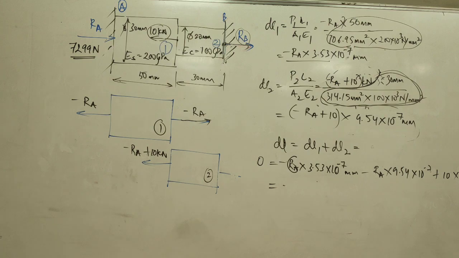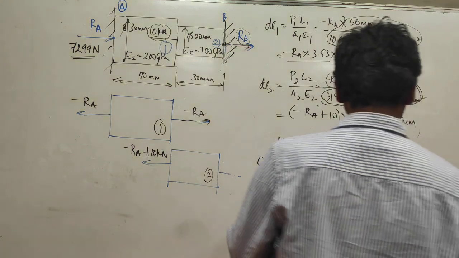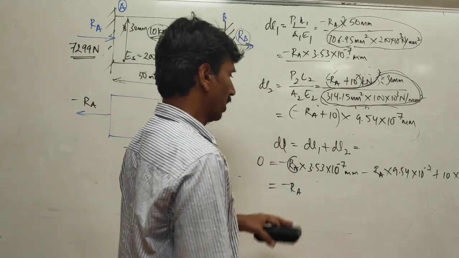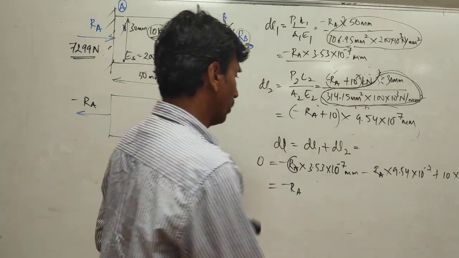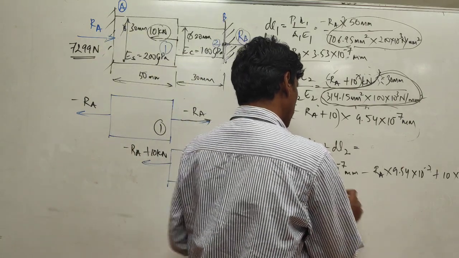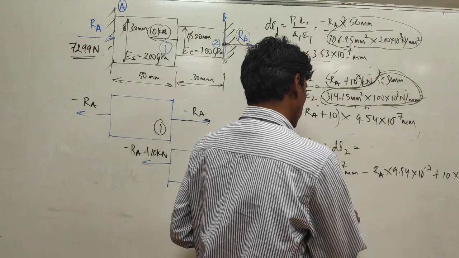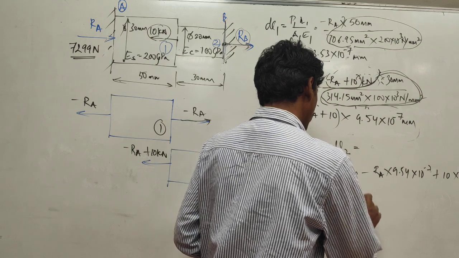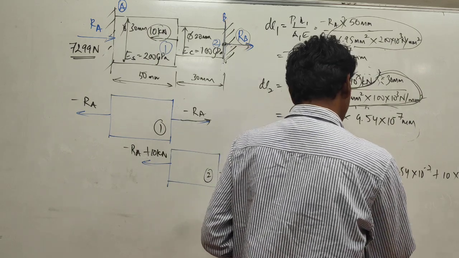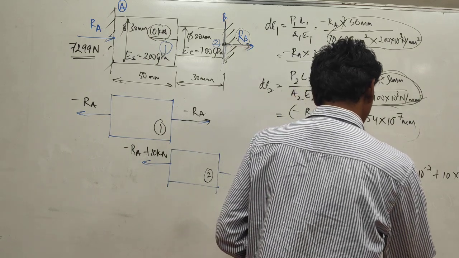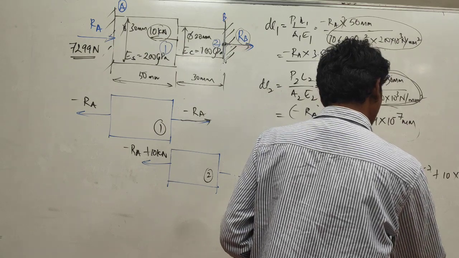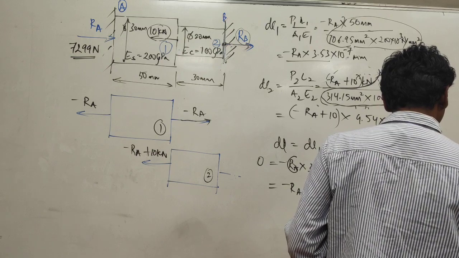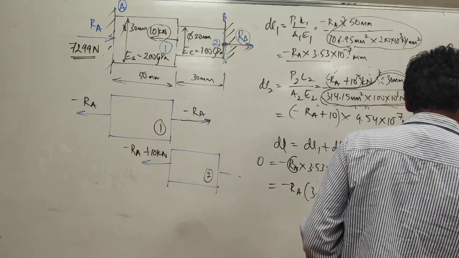So here you can actually take RA common in this, because it's minus and minus. So you can add this 3.53 into 10 to the power of minus 7 plus 9.54 into 10 to the power of minus 7, and plus 10 into 9.54 into 10 to the power of minus 7.